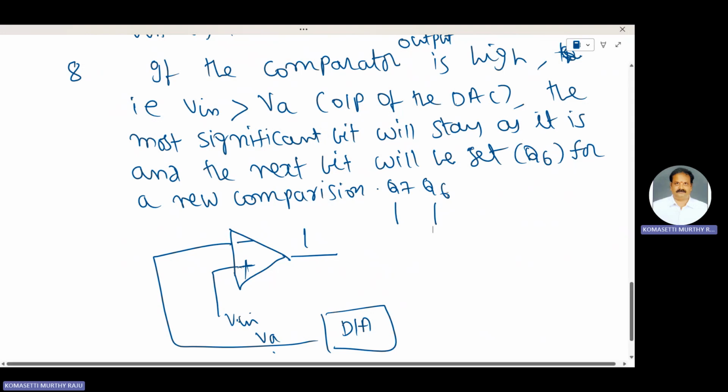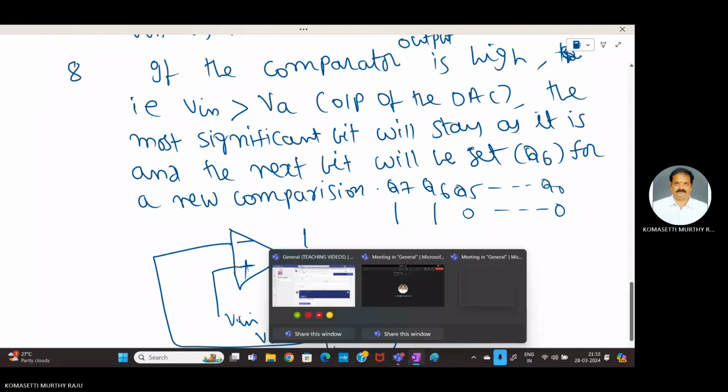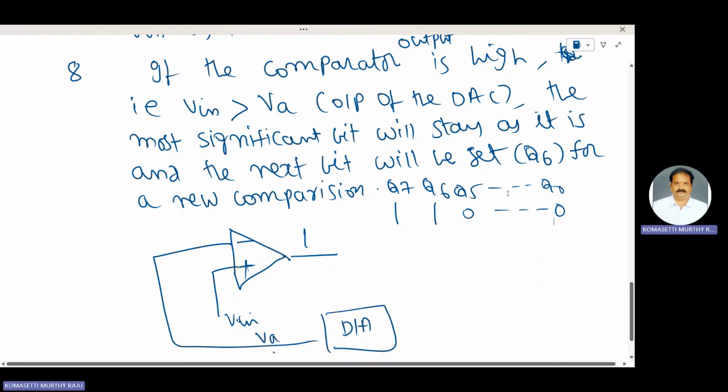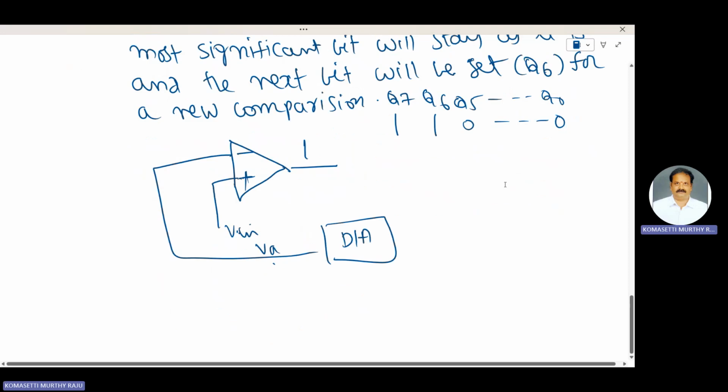The remaining bits, Q5 to Q0, are all zeros.